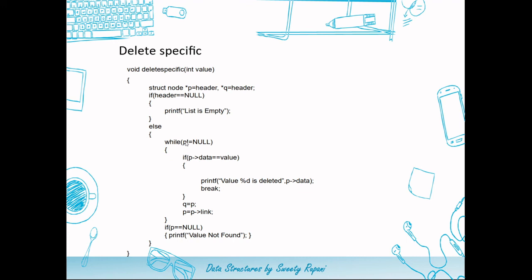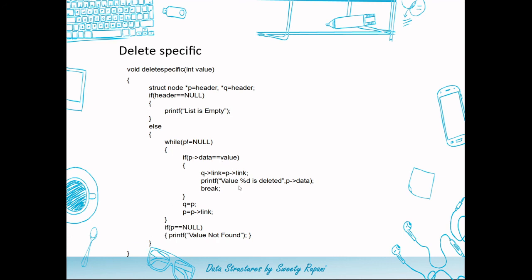If the data part of P matches my desired value, it means I found the node to be deleted. We have to copy the address from the link part of P and paste it to the link part of Q. So we say that node is deleted, followed by which we will break the while loop so as to come out of it, and that would be the end of the function.